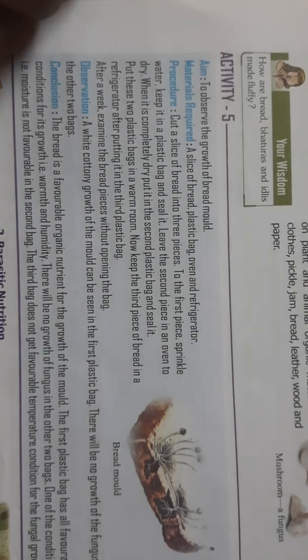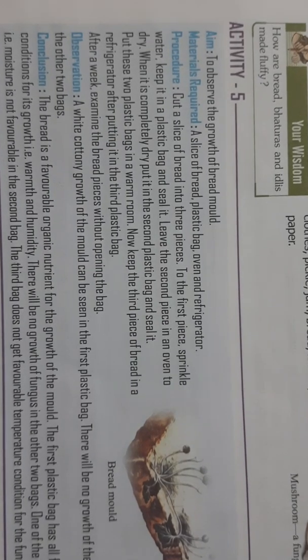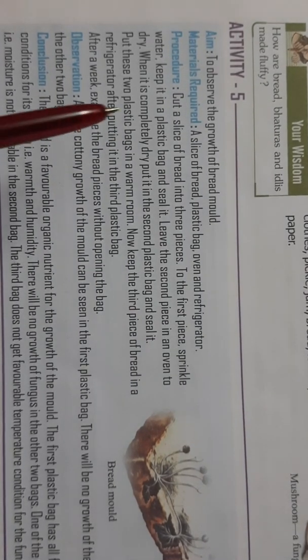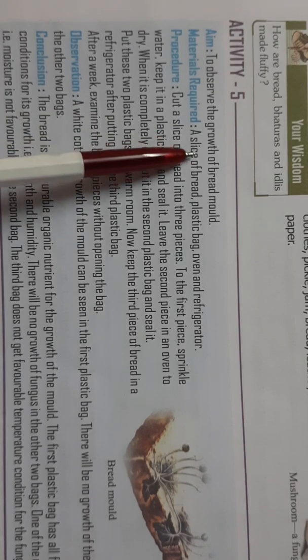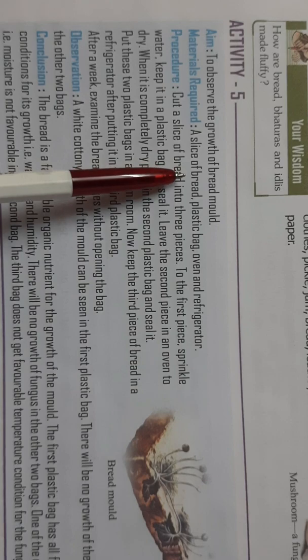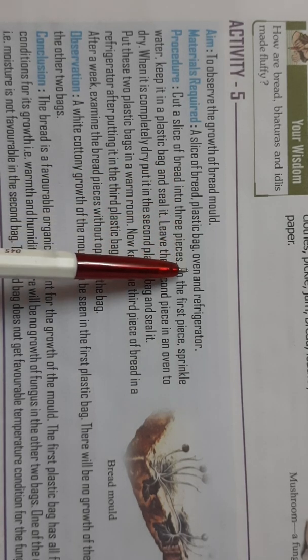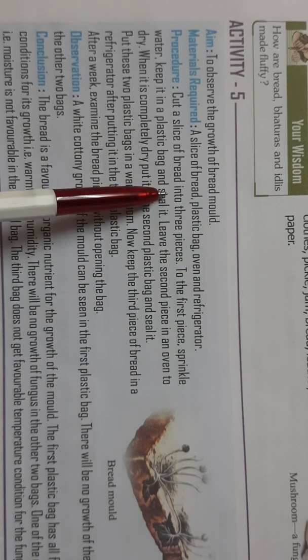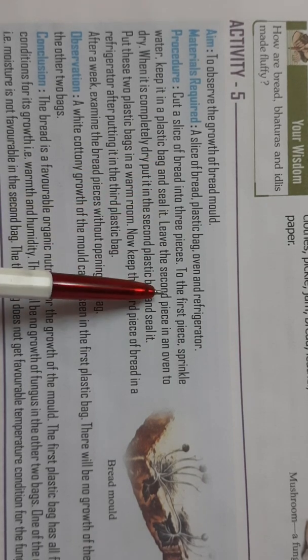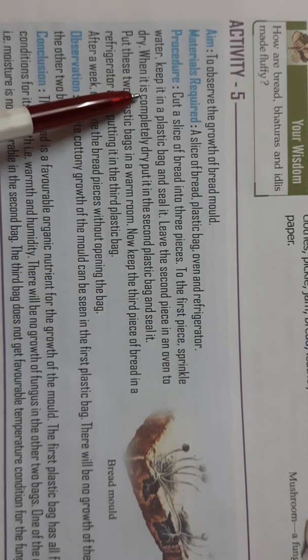To observe the growth of fungi, you can do one activity. This can be done at your homes also. What you have to do to observe the growth of bread mold? You have to take a plastic bag, and an oven and refrigerator. You have to cut a slice of bread into pieces. Then on the first piece you have to sprinkle some water.